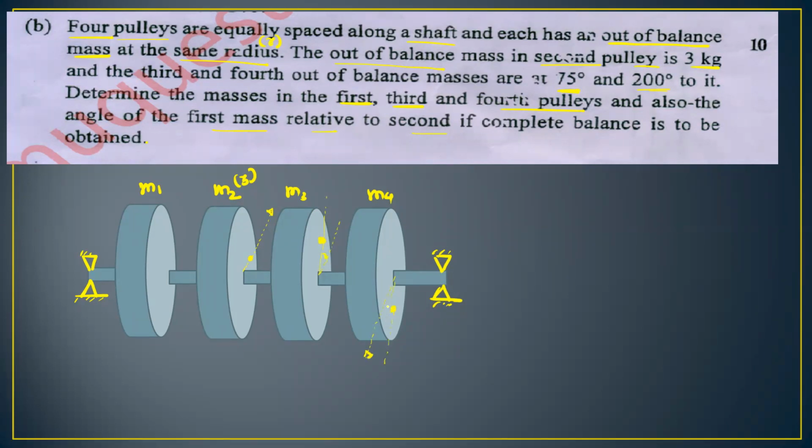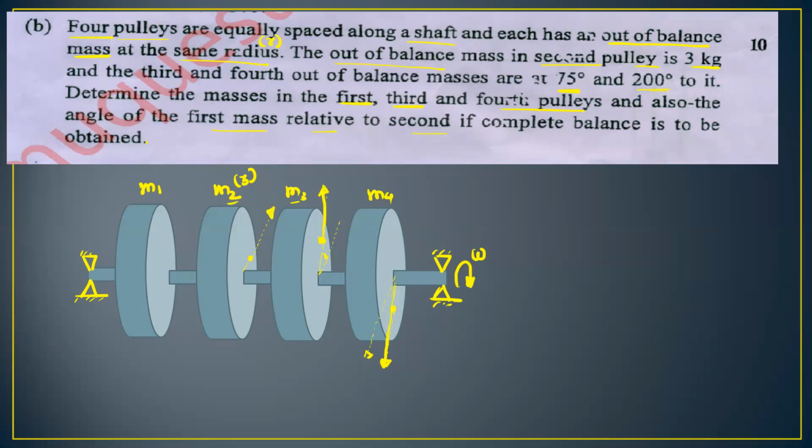So during the rotation, if the complete system is rotating with some angular velocity omega, then this is the direction of centrifugal force by mass m2. So this is the direction of centrifugal force by mass m3. And this is for the mass m4.